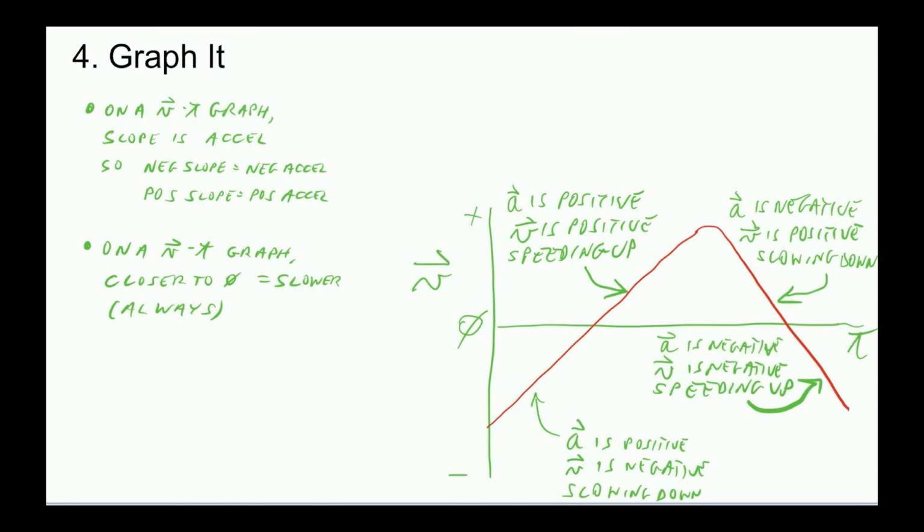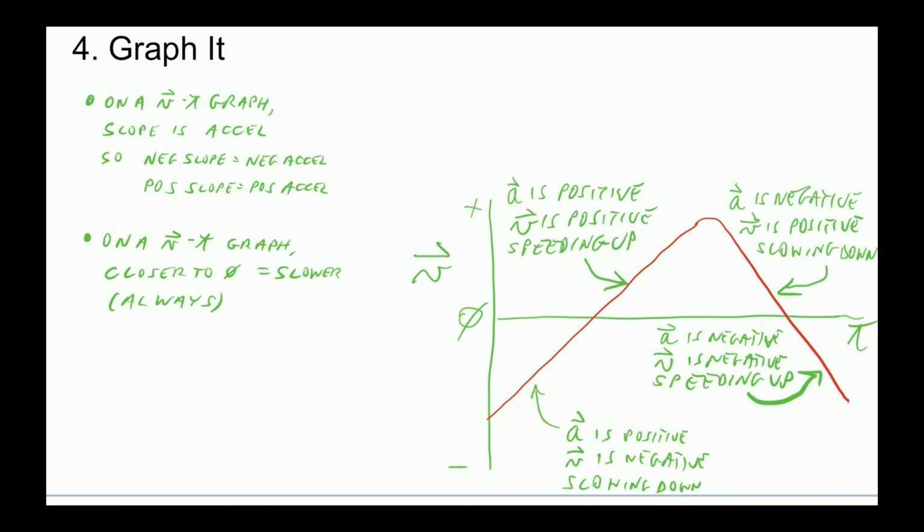For now, let me switch to one more method proposed by one of my students. This student liked to just sketch on the side of the paper a velocity-time graph that looks like the one I show here in red, and that has all of the answers in it, because this student remembers that on a velocity-time graph, the slope is acceleration: positive slope, positive acceleration; negative slope, negative acceleration.